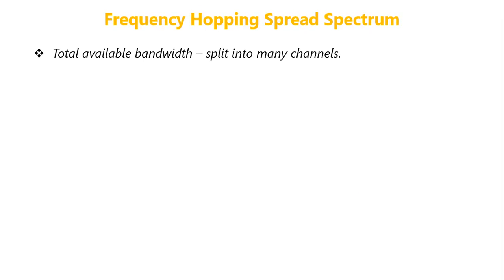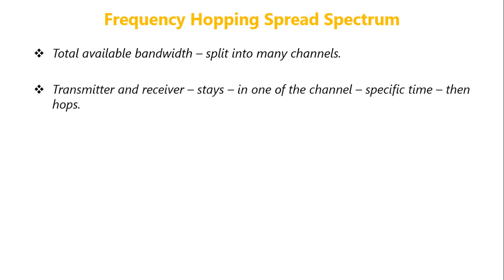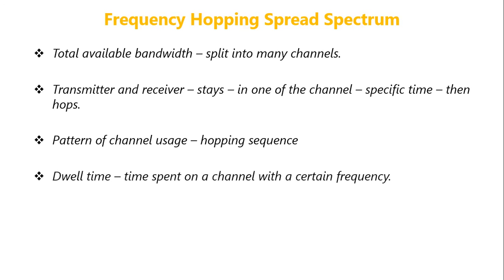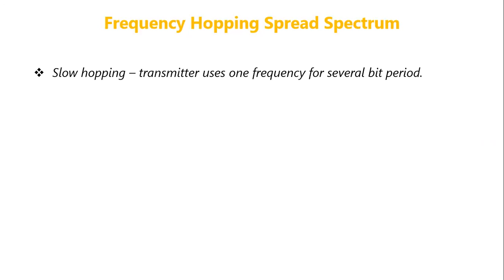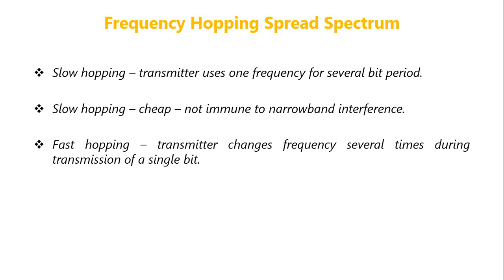Coming to frequency hopping spread spectrum, the entire bandwidth will be split into many channels, and the transmitter and receiver will stay in one channel for a specific time and then it hops. Depending on how it hops, we have two types of hopping: slow hopping and fast hopping. With slow hopping, the transmitter will stay in one particular frequency for three user data.